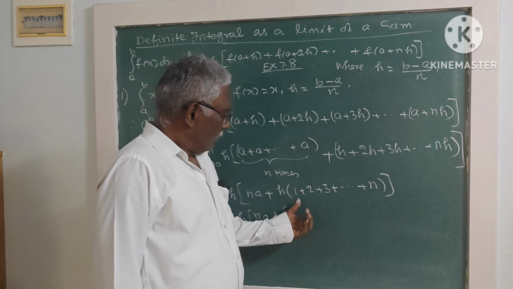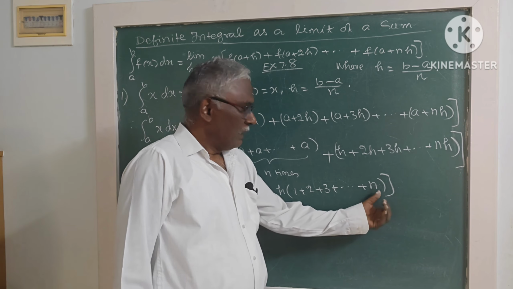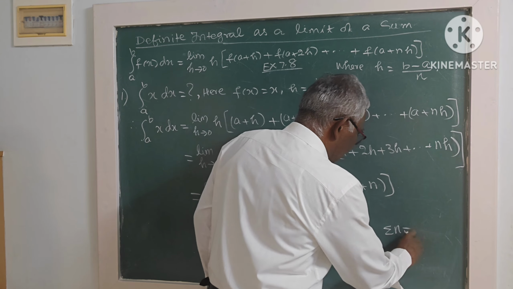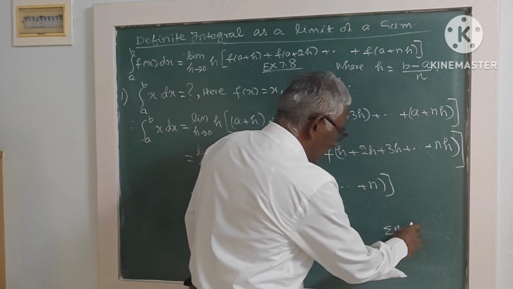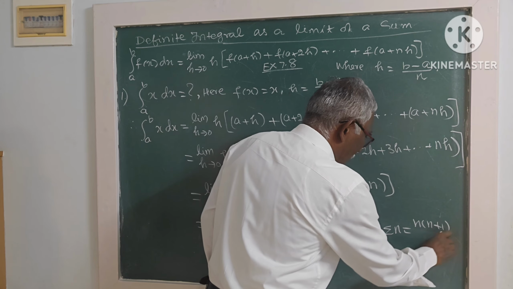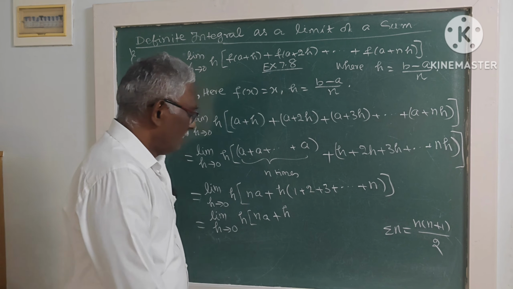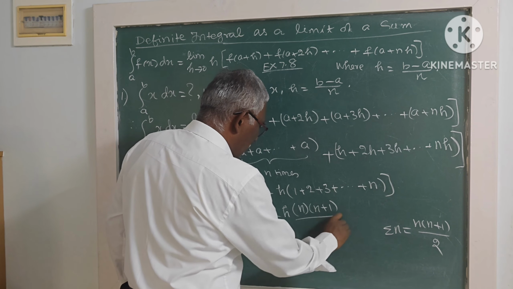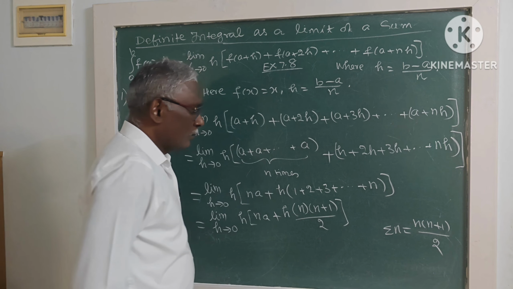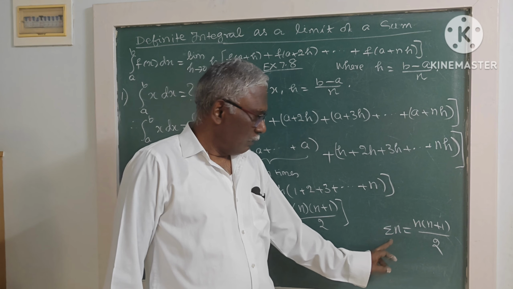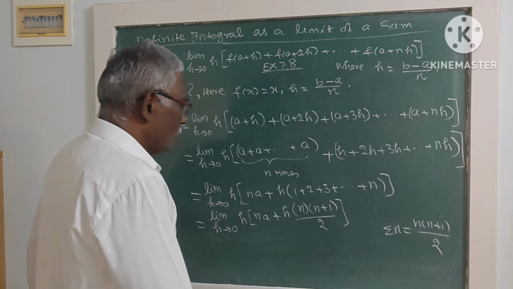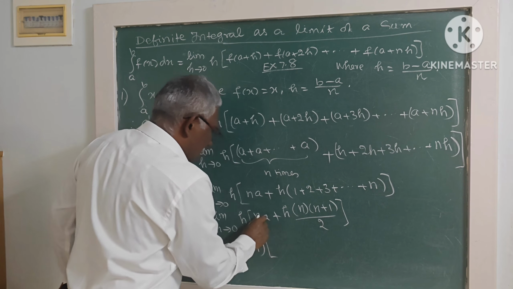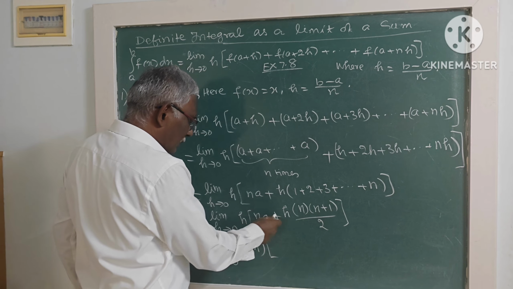We know 1 plus 2 plus 3 etc. up to n is nothing but sigma n. That value is equal to n into n plus 1 by 2. We have taken n outside.